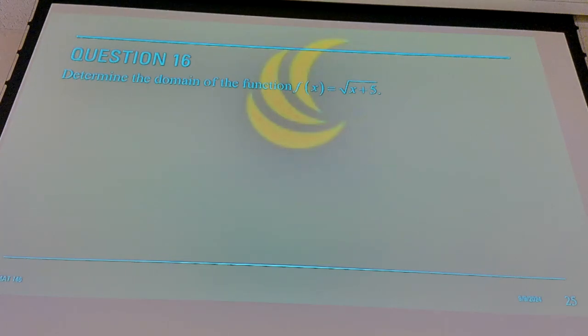Do we have any restrictions? Is it the index? What's the answer? 2. Is 2 even? We have an even indexed radical.